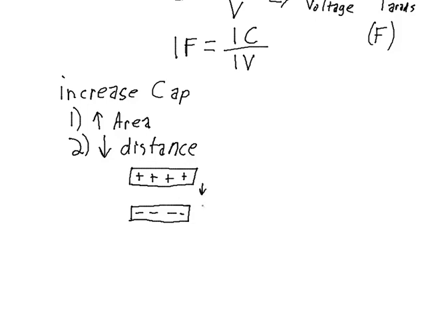If I decrease the distance between those two plates, I'm increasing the capability of these positive charges to pull negative charges towards them. They're not going to be able to jump across because this is a really good insulator. But remember, this is connected to the voltage source. So the closer I am, the more pull this positive side has on the negative side, so I'm going to be able to pull more negative charges onto the plate.